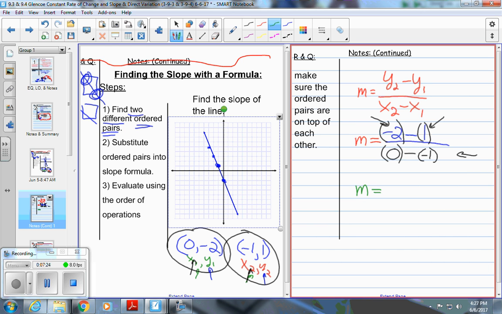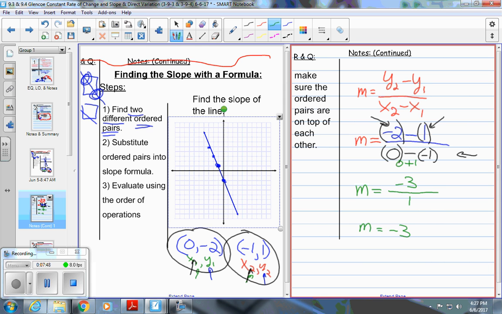m equals -2 minus 1. So we're just following the order of operations. -2 minus 1 is -3. 0 minus -1, remember, that just means 0 plus 1, is 1. And -3 divided by 1 equals -3.